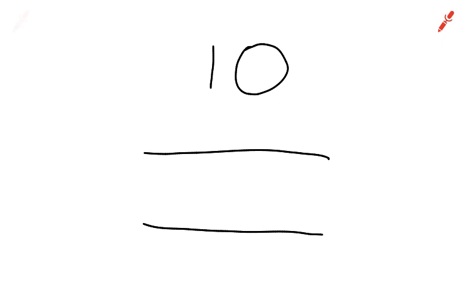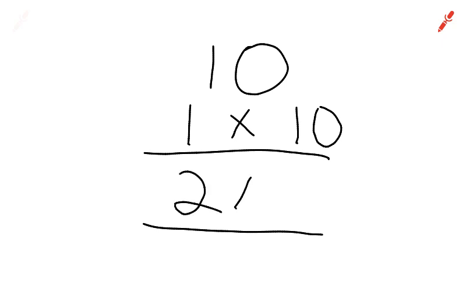And so we got to ask ourselves here, what times what will equal 10? First one, simple, 1 times 10 will equal 10. And you got to figure out the other one. What else will go into 10? 2 times 5. And so our pairs of factors are 1 and 10, 2 and 5.